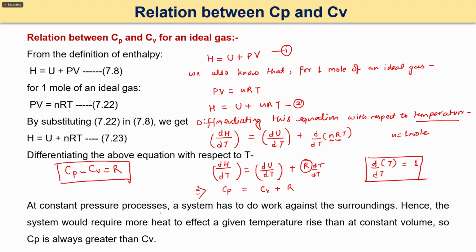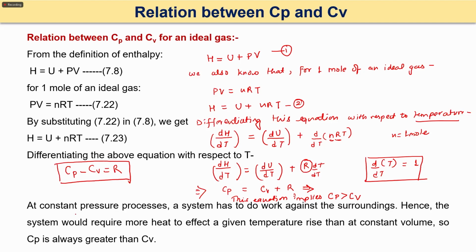At constant pressure processes, a system has to do work against the surroundings. Here you can see that Cp is equal to Cv plus R. That means Cp is greater than Cv, because we are adding a gas constant R, which is positive. So why so?